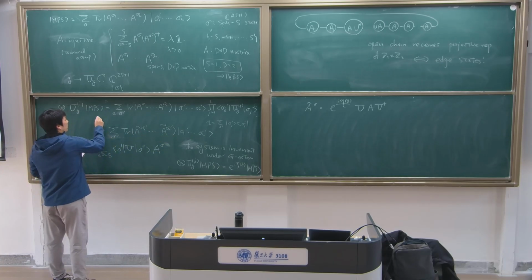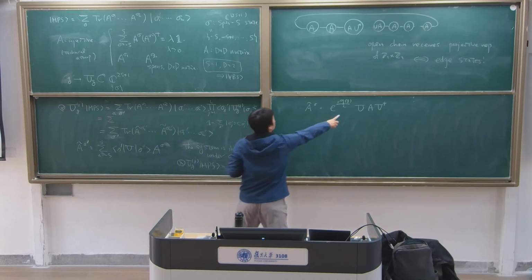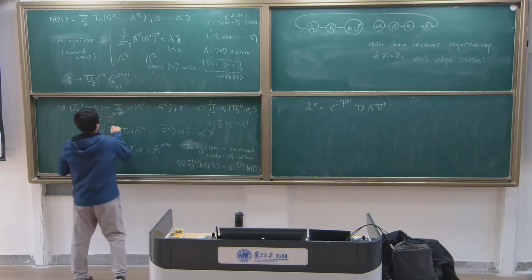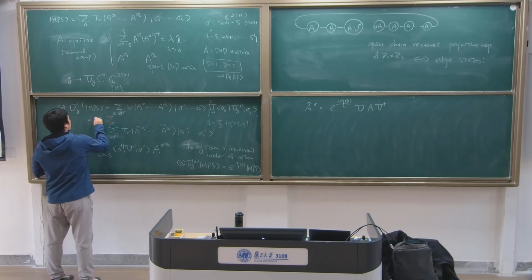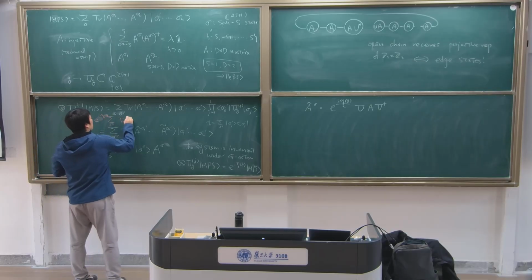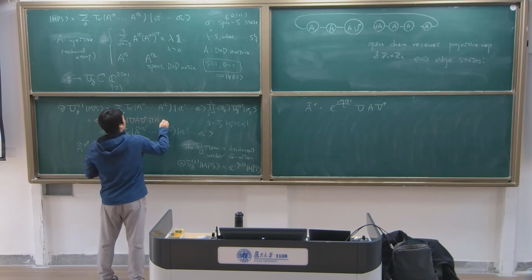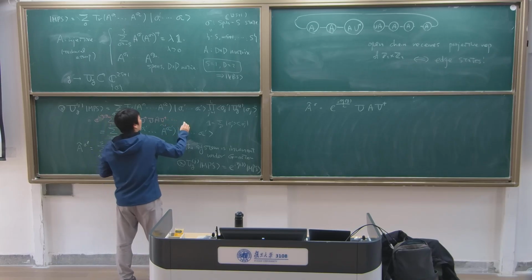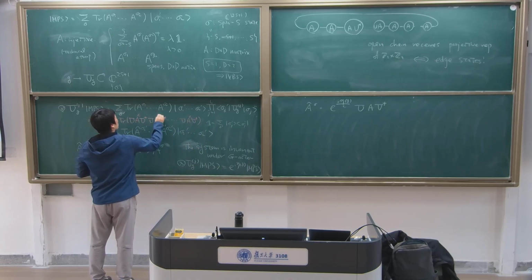So this is exactly equal to the sum, if they satisfy this condition, of sigma prime, e to the i a g, and then trace of u a dagger u a u dagger u a dagger sigma L, sigma 1, sigma 2, and so on.